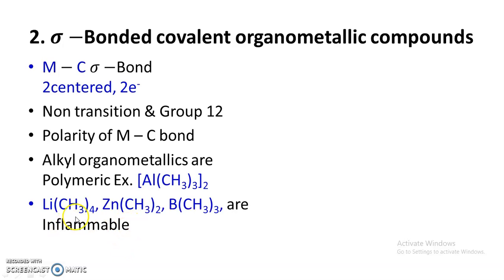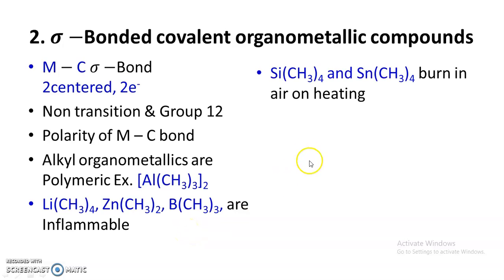Then organometallic compounds such as methyl lithium, dimethyl zinc and trimethyl boron are inflammable. The tetramethyl silicon and tetramethyl tin, these sigma bonded organometallic compounds burn in air on heating. When these are heated in air, they burn.